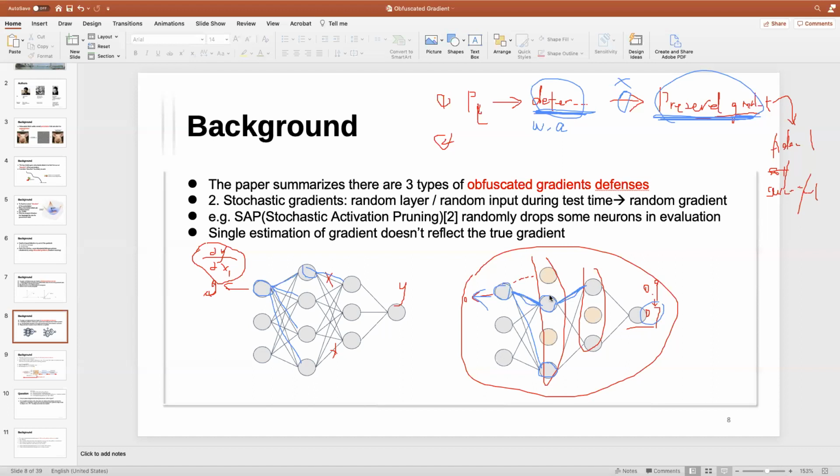For the forward propagation, I understand you do the scale. You scale up for the forward propagation, but not for the backward. But I mean for the gradient, now I'm the attacker. So if you can scale up for the forward propagation, why can't I scale up the gradient?